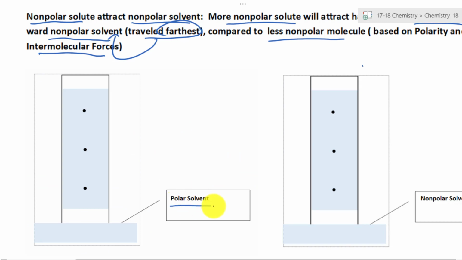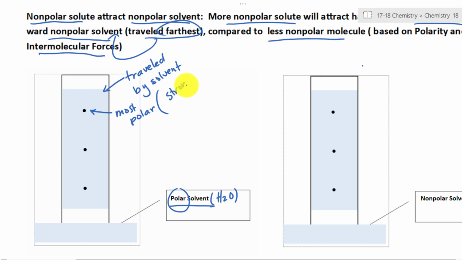Here we have a polar solvent. Think of this like the H2O that we have in our lab, and this is how far the solvent travels. What can we tell about this particular component? If the solvent is polar, this substance right here would be the most polar out of all three. What does most polar mean? It would have the strongest IMF.